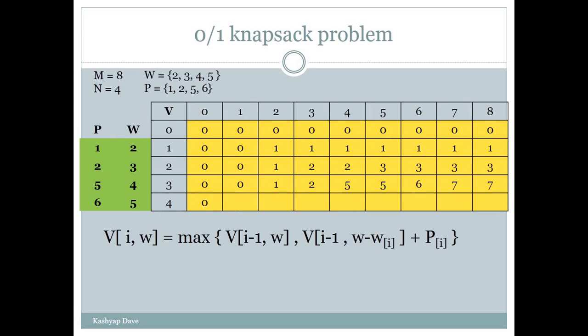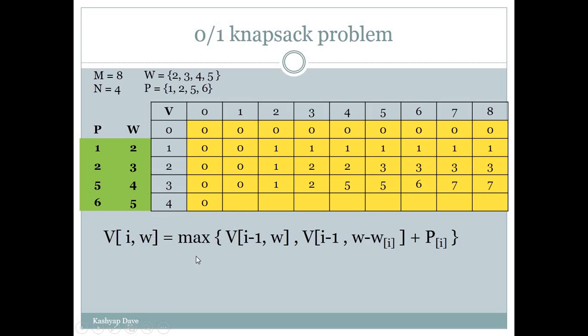Okay, so for this last row, if we want to calculate this cell, I is for row value and W is for column value. So we will have to calculate our V[4][1]. For this cell I is 4 and W is 1.